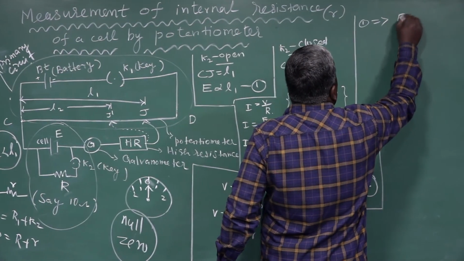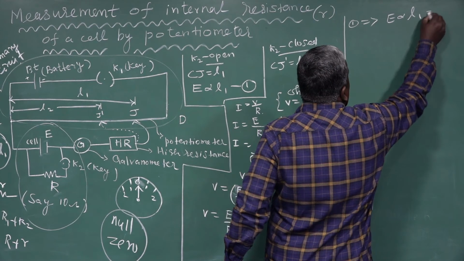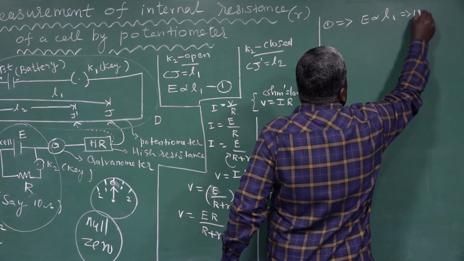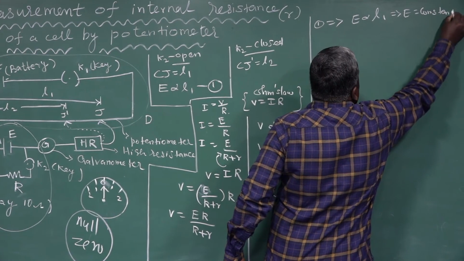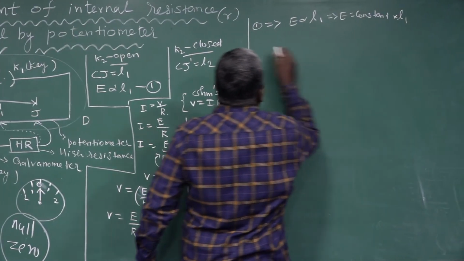Equation number 1: E is proportional to L1, so E is equal to constant into L1.